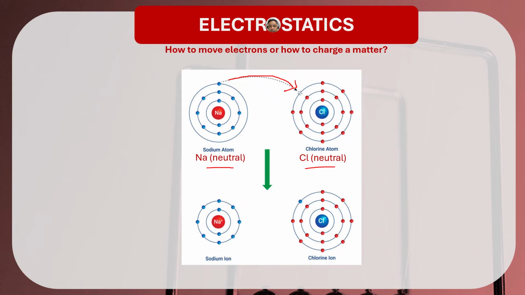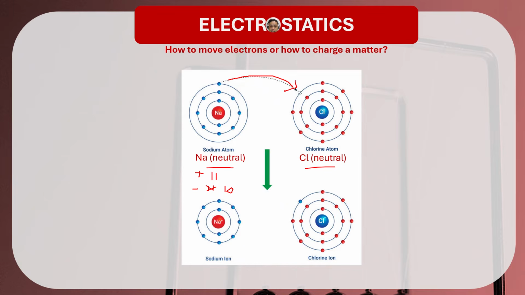Then sodium loses one electron, so from 11 it becomes 10. The protons of a neutral sodium will be 11 protons, and the electrons are 11. That's for neutral. And then it loses an electron, so the electrons of the sodium become 10 because it gives out one of its electrons to chlorine.